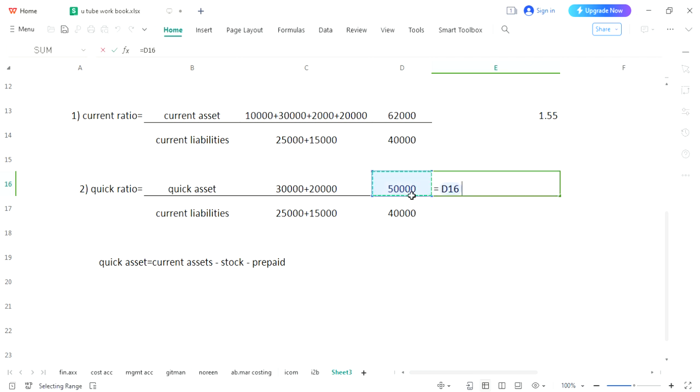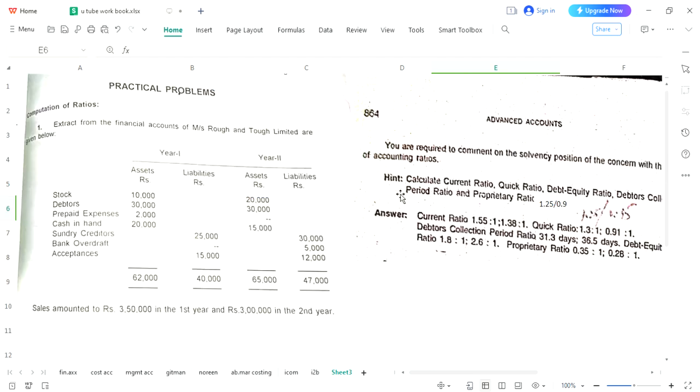So 50,000 divided by 40,000, we have got 1.25, and you can see the quick ratio answer is mentioned over here, 1.25. These are misprinted answers, you can leave them out. So the quick ratio is 1.25.